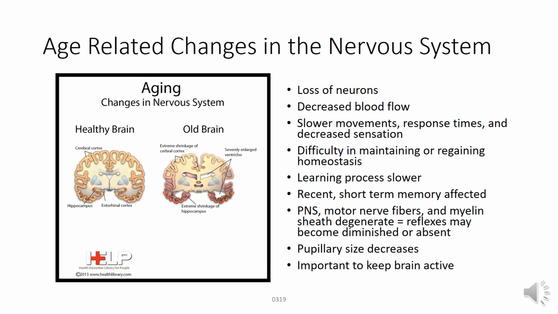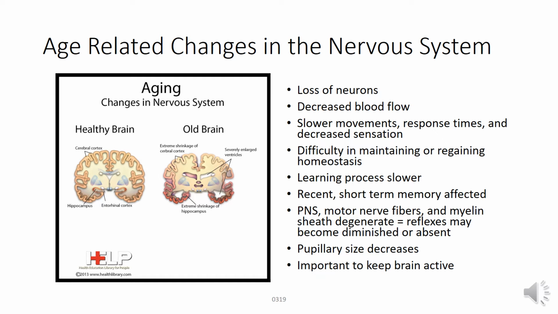Now we'll discuss some age-related changes that occur within the nervous system. The first one is the loss of neurons with aging. Neurons are lost and we are not able to regain these as we age. There's also decreased blood flow with advanced aging. We may experience slower movements, slower response times, and decreased sensations.